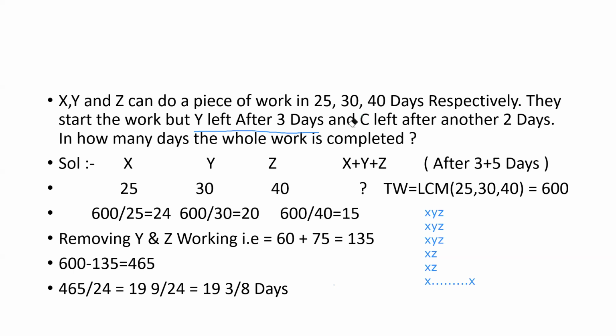Then first we have to find the total work, and then the individual one day works. Then we remove the Y and Z work from the total work, and the remaining result is divided by X's one day work. Then we get the number of days in which the whole work is complete.